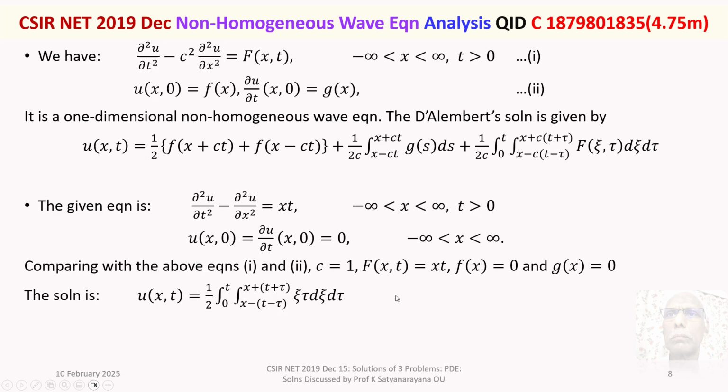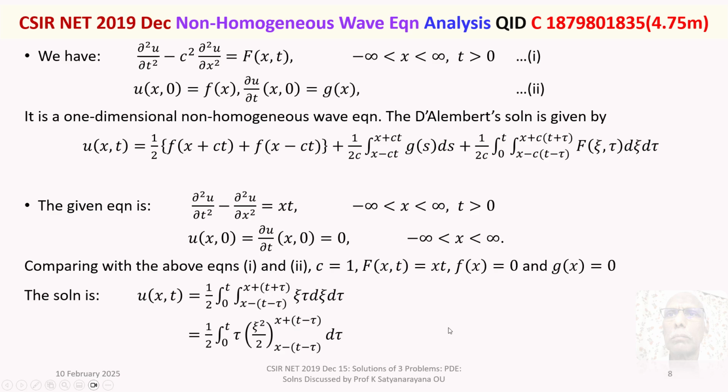Right, that is equal to, first we integrate with respect to ξ. So integral 0 to t, 1/2 into τ ξ dξ, and the integral of ξ with respect to ξ is ξ²/2 to be evaluated between x−(t−τ) and x+(t−τ), dτ.